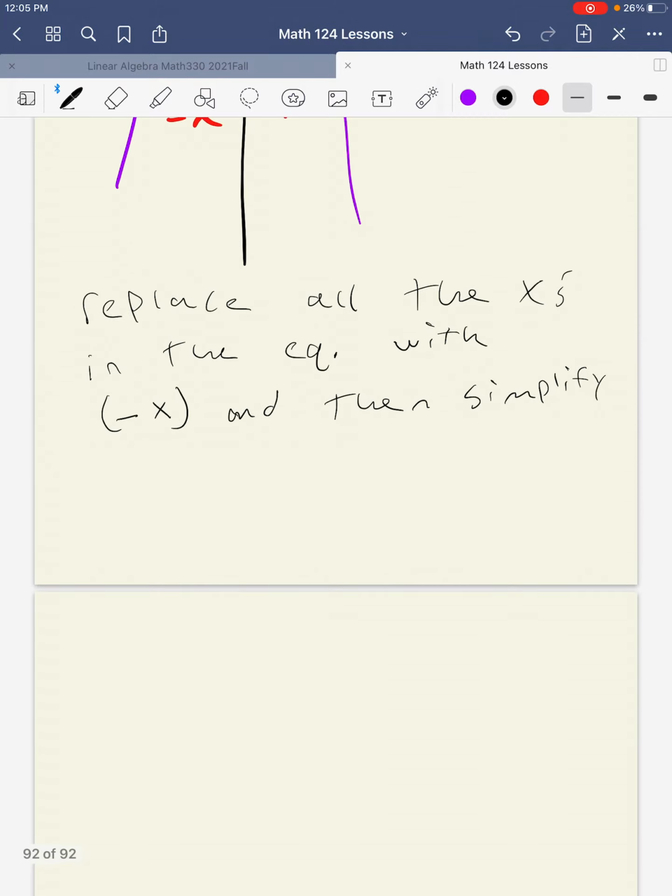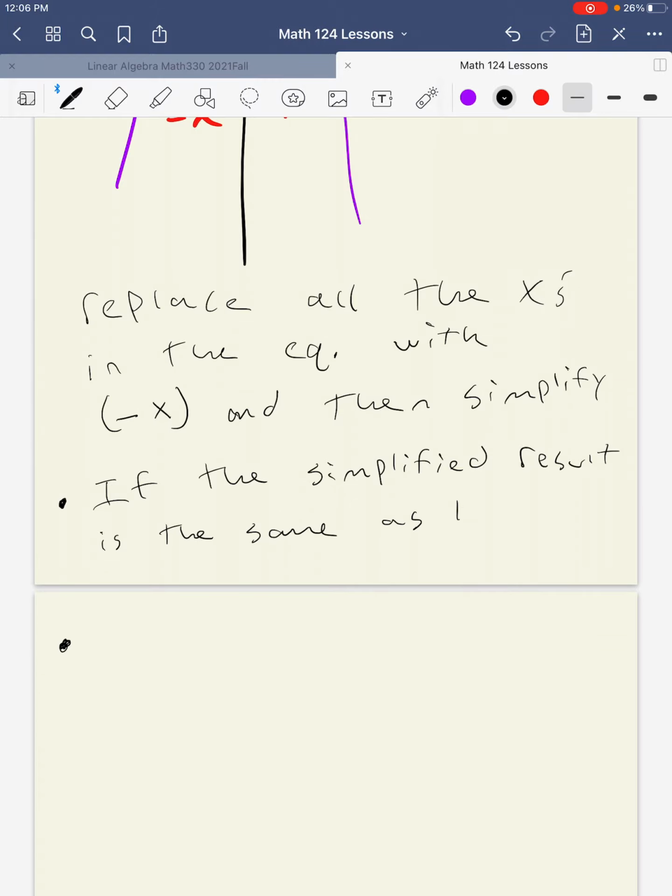Okay, so after we do that, we could have two things happen. If the simplified result is the same as the original equation, that means we have y symmetry. It's symmetric about the y-axis.